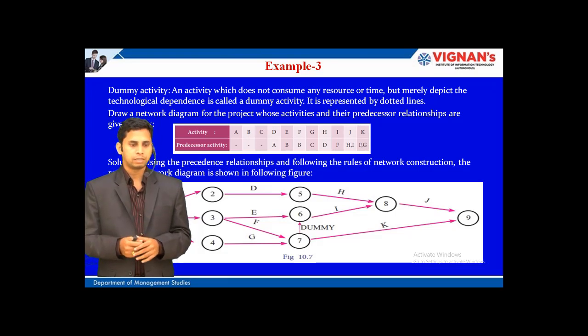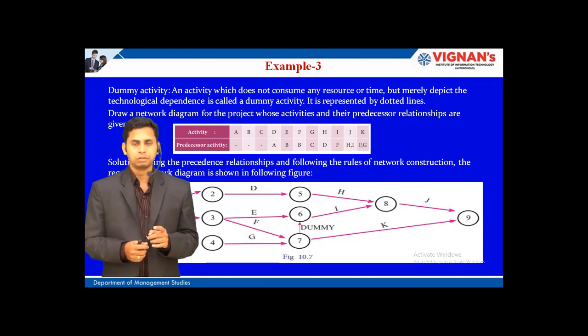You can see this data, activities A to K, and the predecessors. A, B, C have no predecessors, but all the remaining activities are given some predecessors. Using the data, you need to look at node 6.